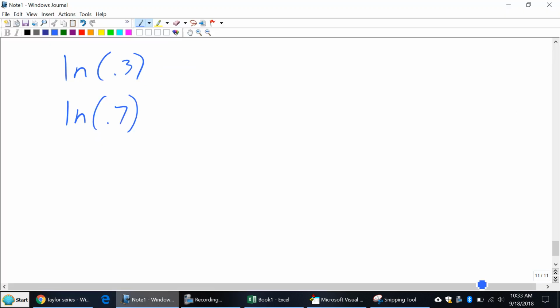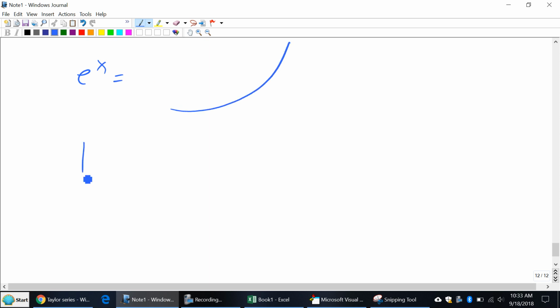But it also has to do with if you just graph these two, e to the x looks like this. The natural log of x looks like this. So this one grows really fast. This one grows not so fast. So it just takes a little longer. That's kind of the intuitive reason. But it doesn't matter. Okay, 300 iterations compared to 18. The computers can do a billion a second, so it's trivial.